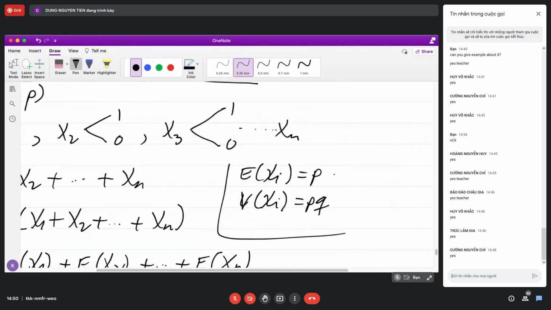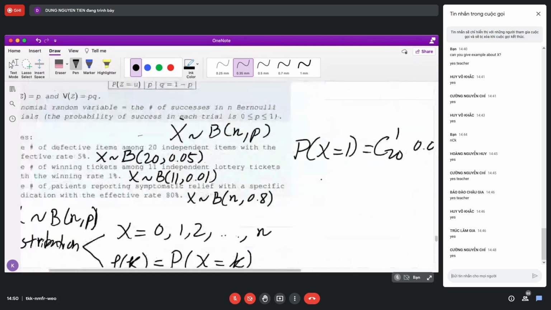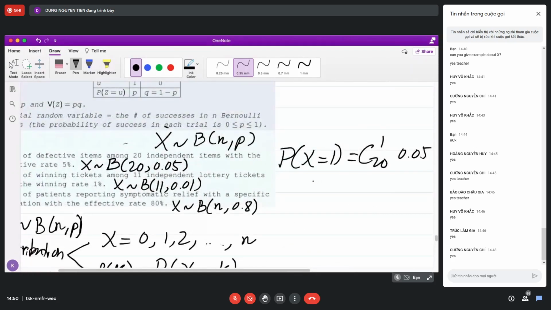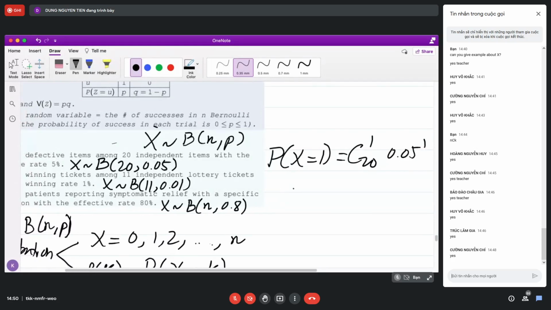Then go back to this. You get X follows this binomial distribution, 20, 0.05.